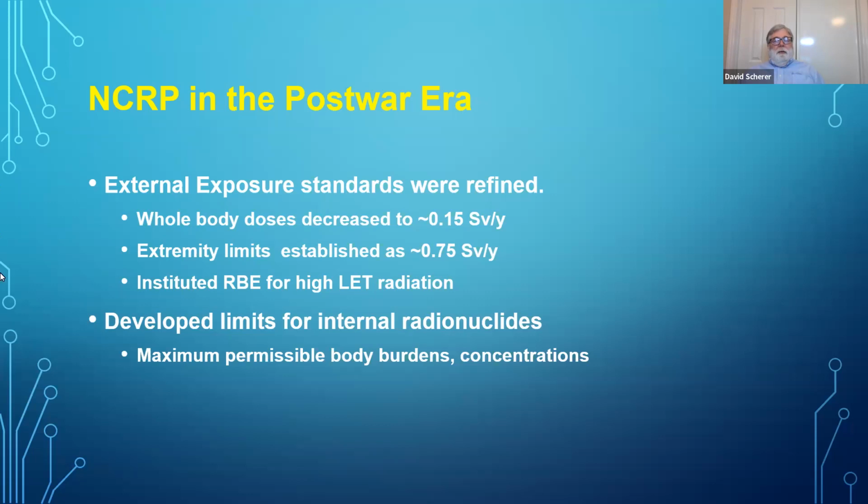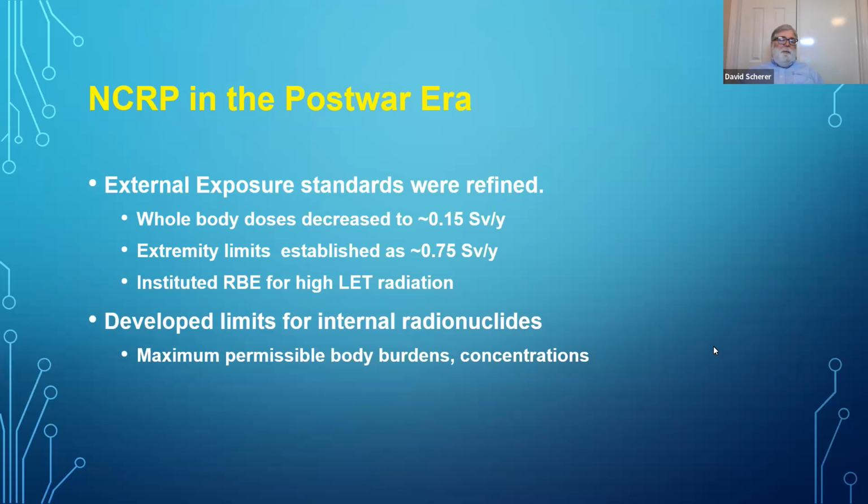They also recognized the importance of relative biological effectiveness when you have high LET radiation, either neutrons or alpha particles. And so the use of RBE was also added by the NCRP during this era. They also developed limits for internal radionuclides.